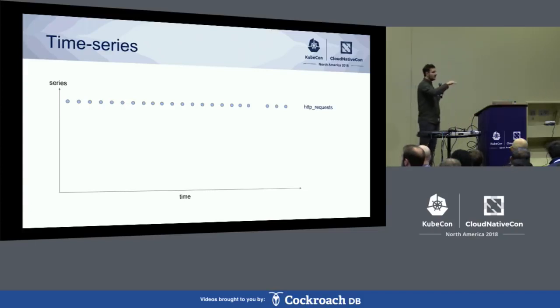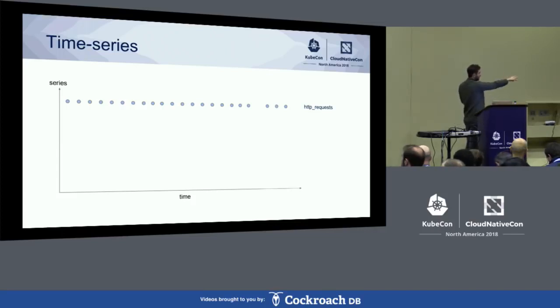So we saw previously we had like a table where we inserted all of our timestamps, but it turns out time series are actually nice for graphing, right? So we have a couple of samples here, and we have a metric called HTTP requests. That's a really common thing to have, but Prometheus has a model where you can basically enrich all of these metrics with additional meta information, which are labels.